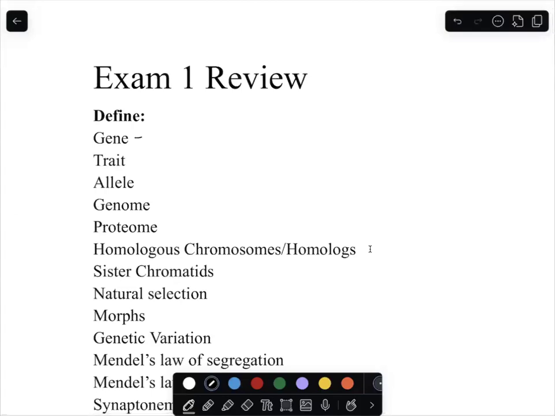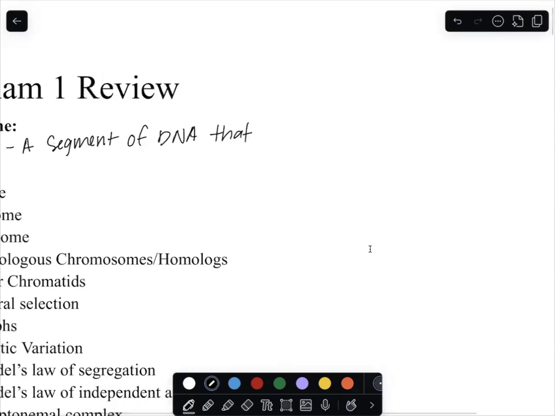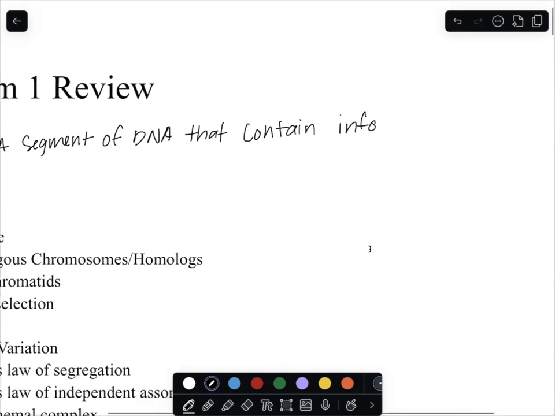So a gene is a segment of DNA that contains info to produce a function.